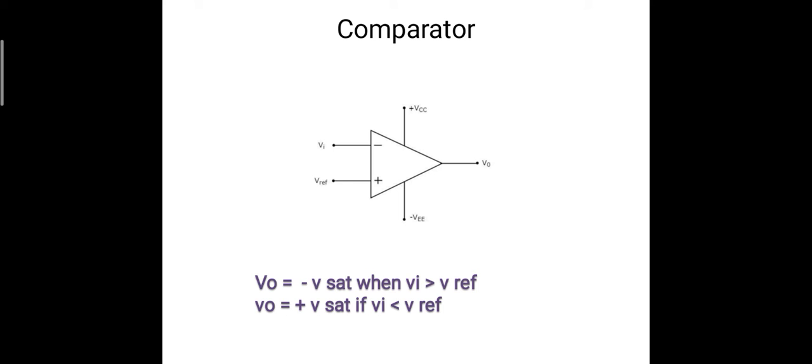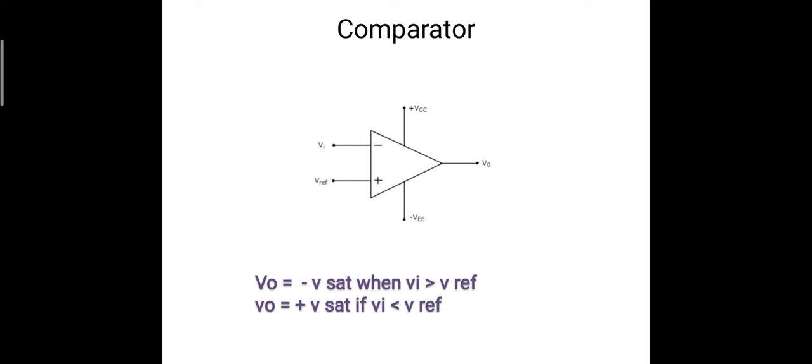The comparator consists of two terminals, namely Vi and V reference. V reference is the standard one, that is if you have to set a benchmark, we use V reference as a benchmark and Vi is the input. As the name suggests, a comparator compares two values and produces one output.